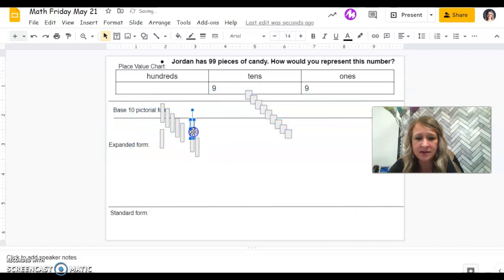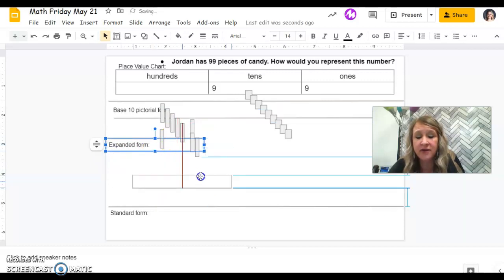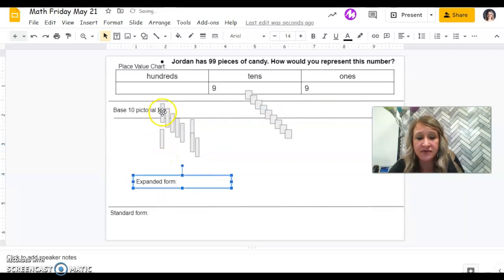Got my 9 longs and my 9 units. That's a crazy hot mess. I hope you draw better than I did. Expanded form. That is where we're going to write the number in value form. So if I have 9 longs, how much is that worth? Let's count by tens. Ready? 10, 20, 30, 40, 50, 60, 70, 80, 90.